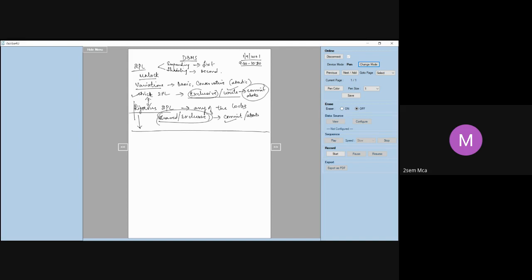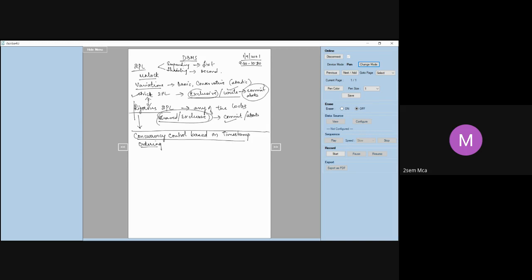Now we are going on to the next concept, that is concurrency control based on timestamp ordering.